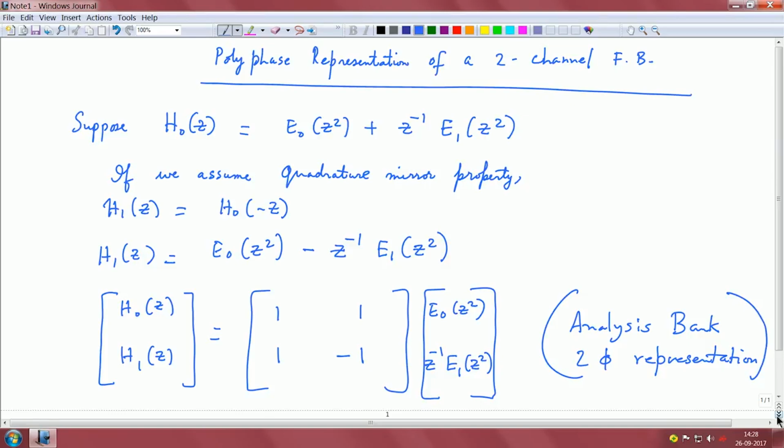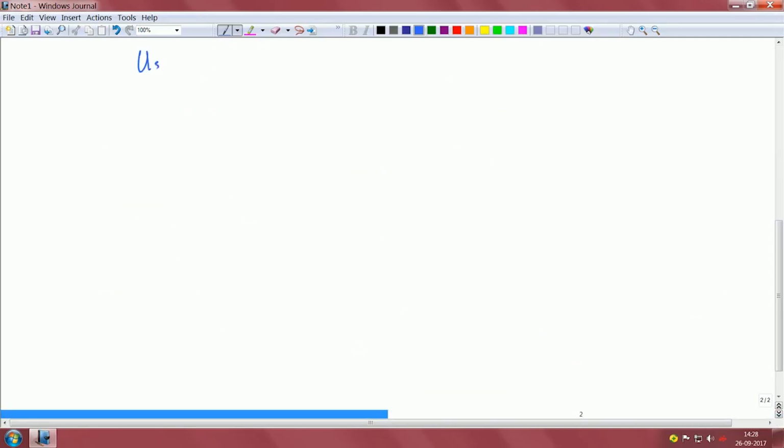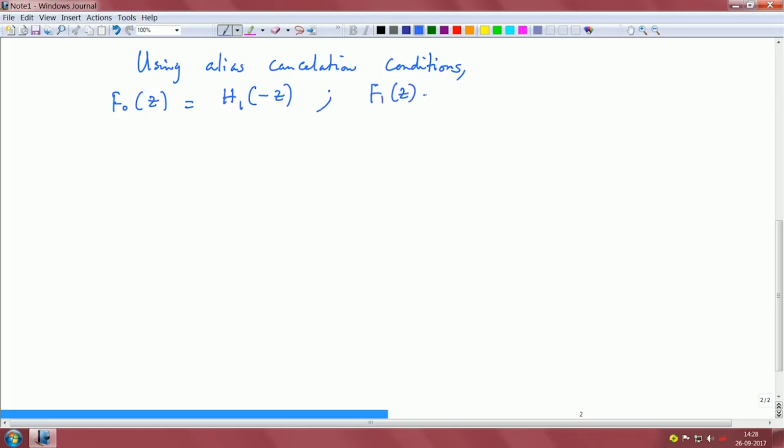And we can do this similarly for the synthesis bank. Basically, we will use the conditions for the alias cancellation. Using alias cancellation conditions, we have f naught of z is h1 of minus z and f1 of z is minus h naught of minus z.